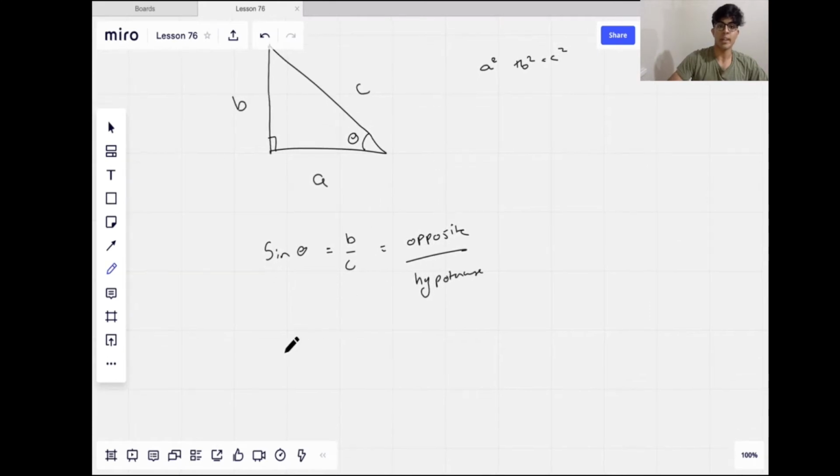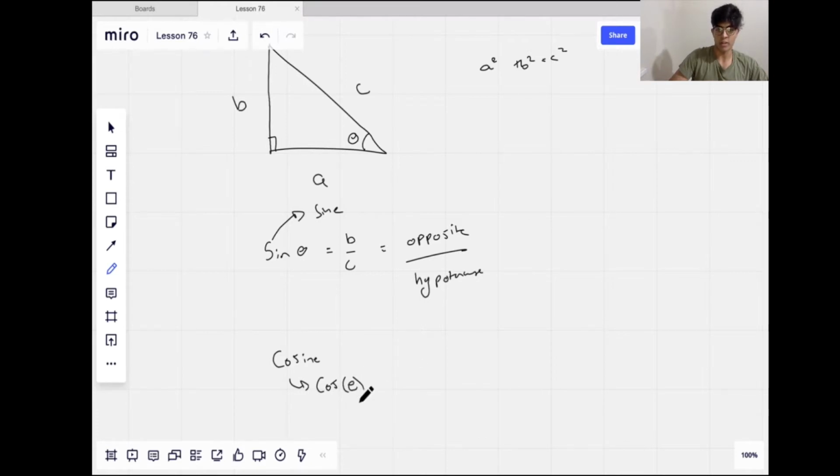In the same way, there's cos, or the cosine. The full name of the sine function is sine, but we just shorten it to sin. That's why we say sine theta. The other function is cosine, and we shorten this to cos, and we say cos theta or cosine theta.